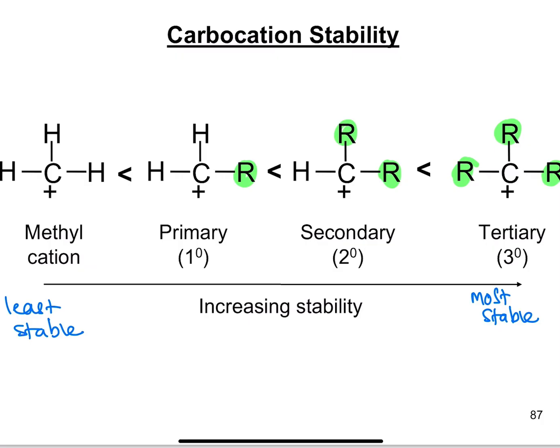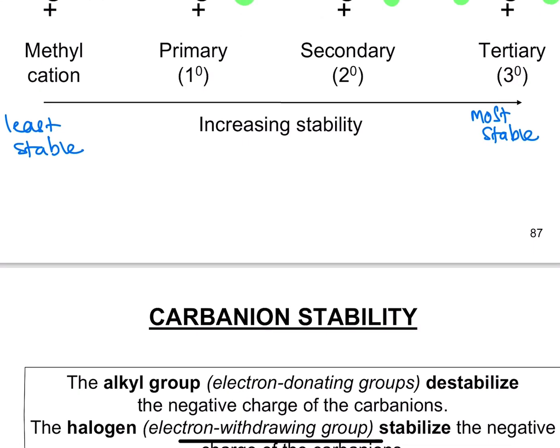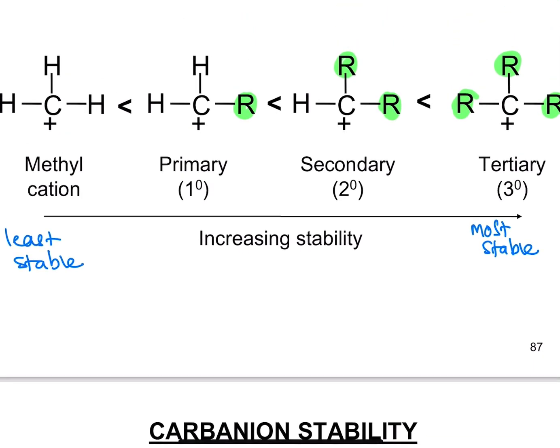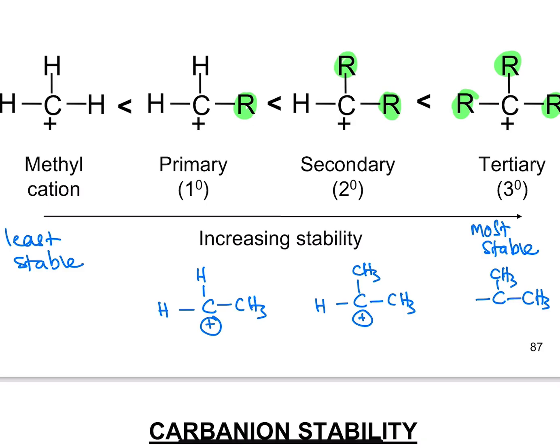Okay, right. So now, do we have a specific example? Let me show a specific example. So let's say I have got CH3 carbocation, and here I have got CH3 carbocation, and here I have got a CH3, CH3, CH3 carbocation.